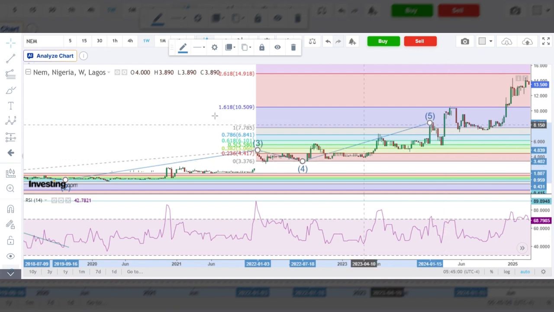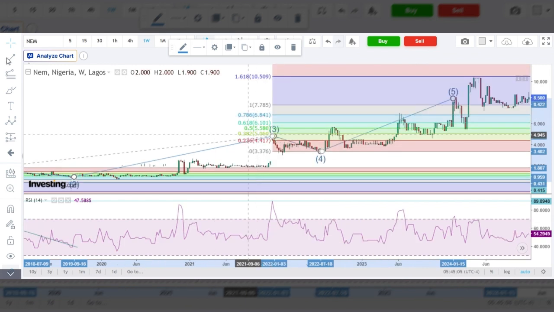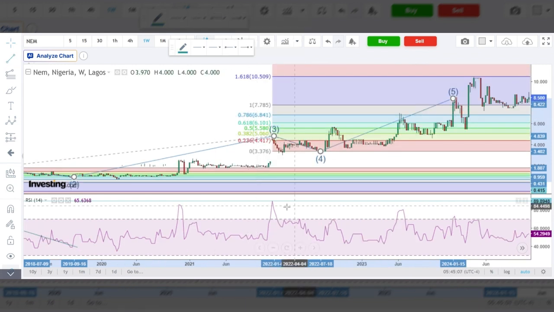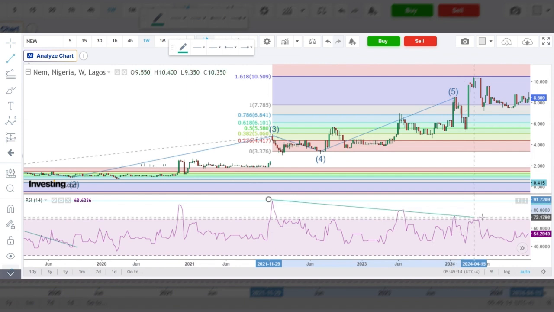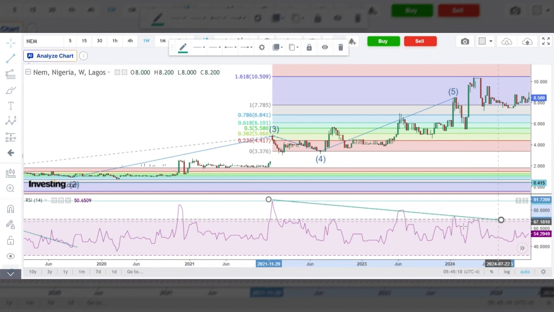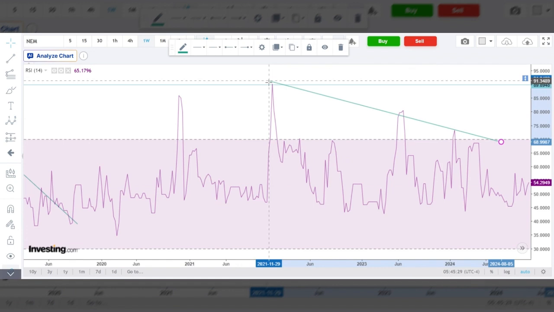All right, so as you can see from this three here, let me show you the divergence now for this first wave we just drew. From here, you can see that it was going on a lower low, the divergence. You can see how it was going down even when the price was going up, but RSI is going down, just to show you that an upcoming bearish trend is on the way.